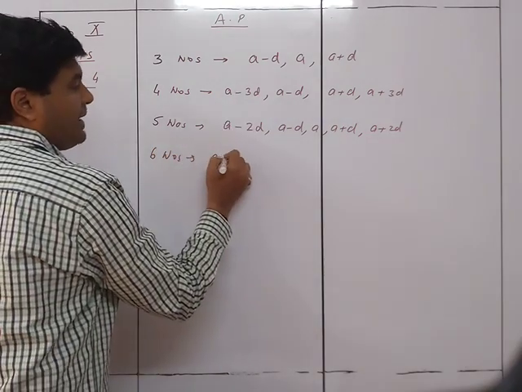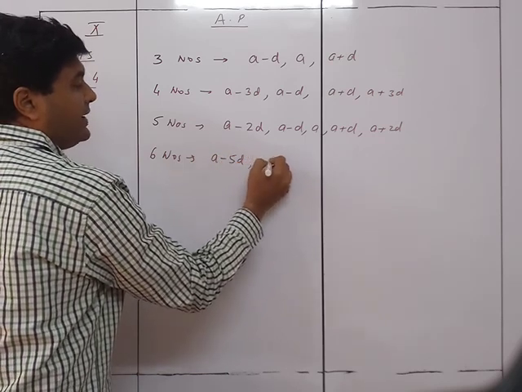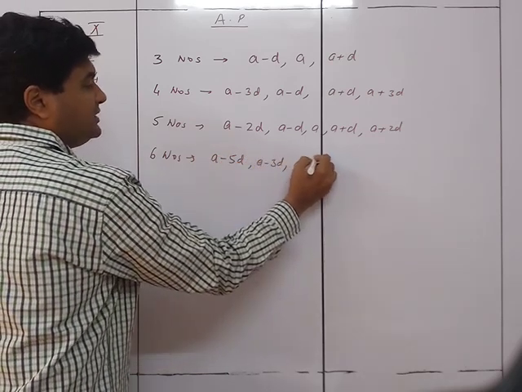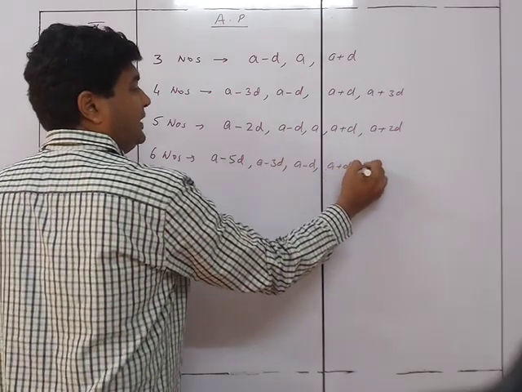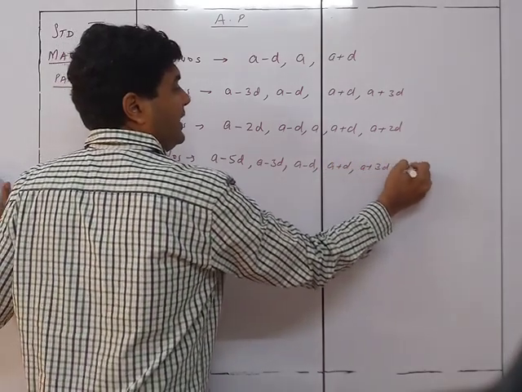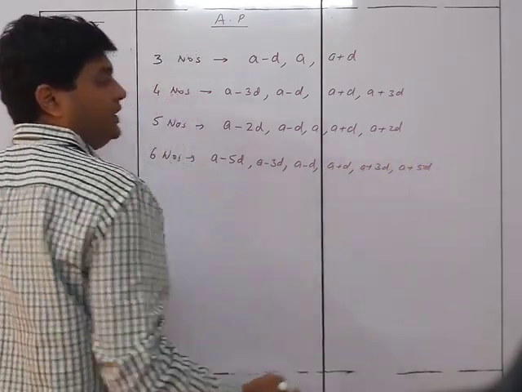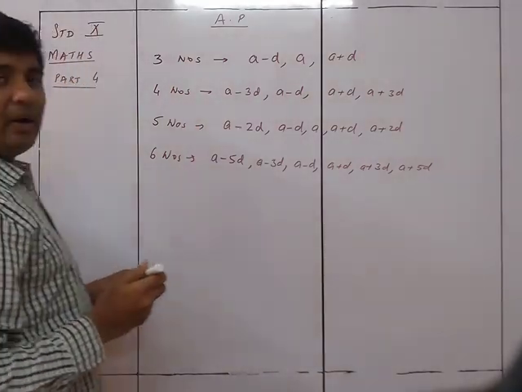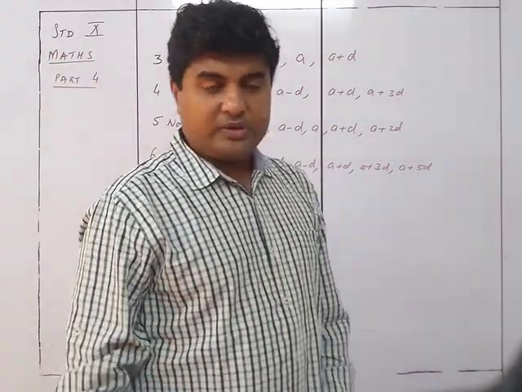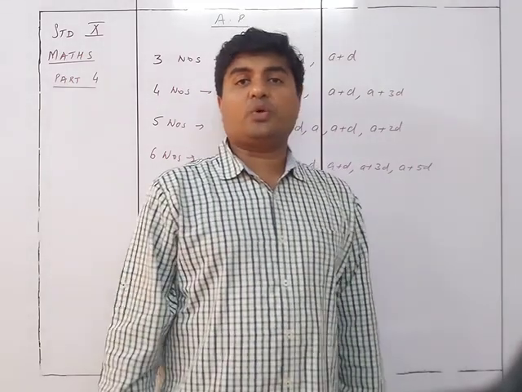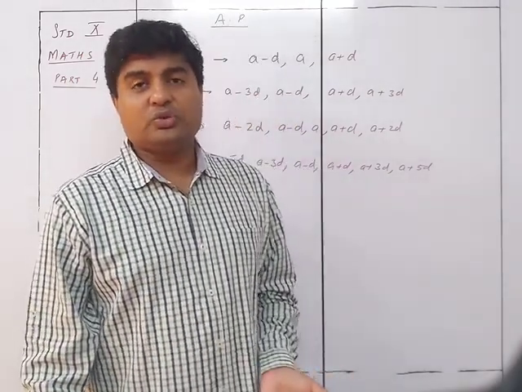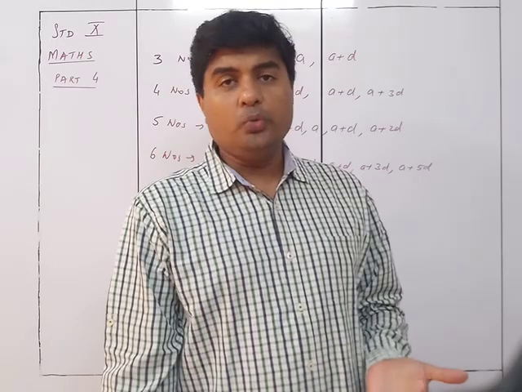So it will be a minus 5d, a minus 3d, a minus d, a plus d, a plus 3d, and a plus 5d. So whatever is the question given to you, you will take it in this particular manner so that it is easier for you to do the sum.